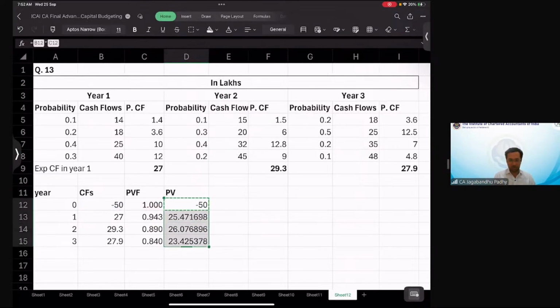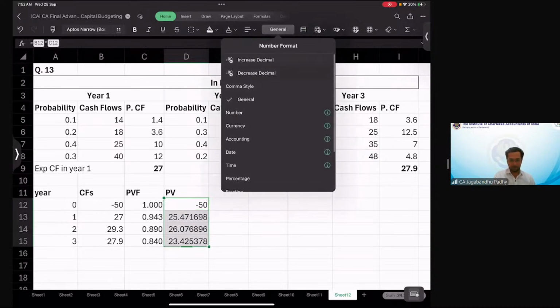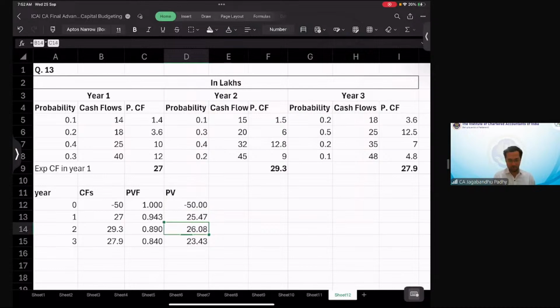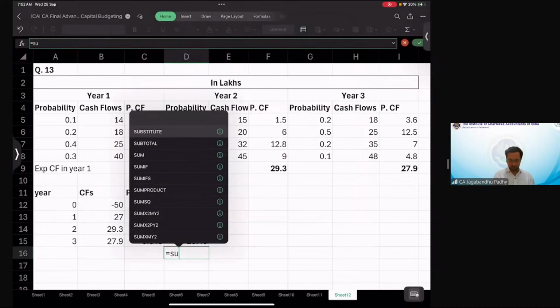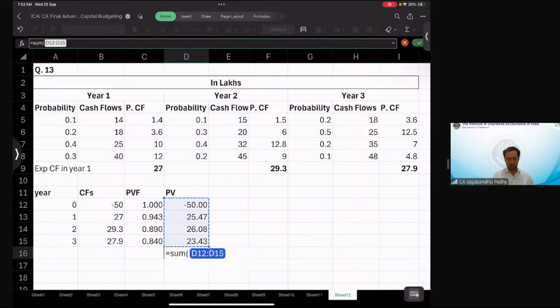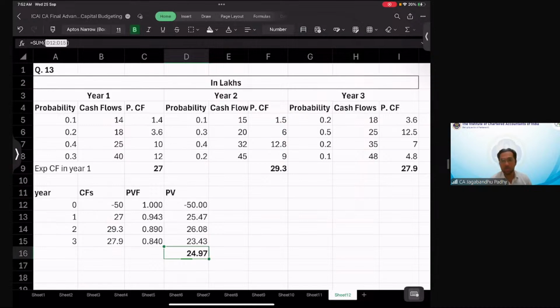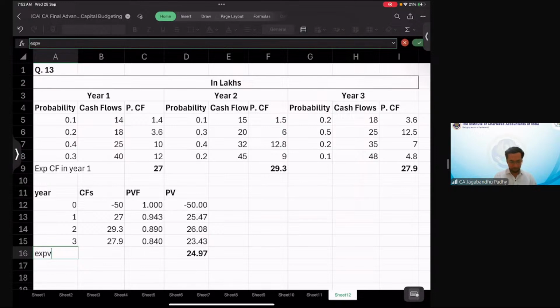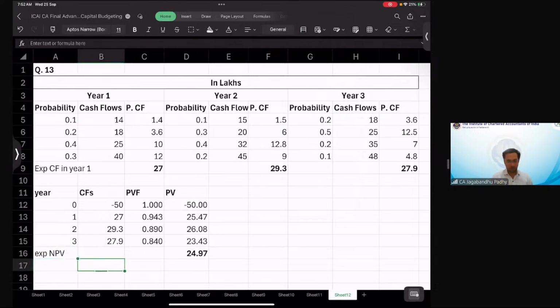We get the present value. And when we want to get the NPV, we can simply take a summation of this. So the expected NPV of the project is 24.97.